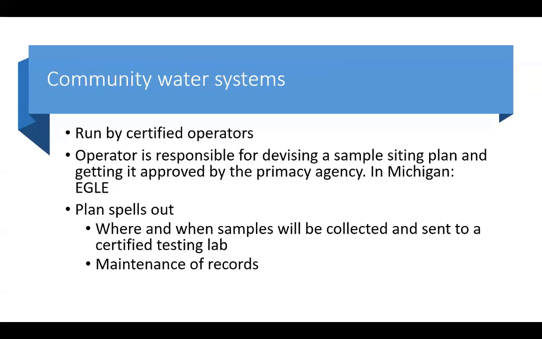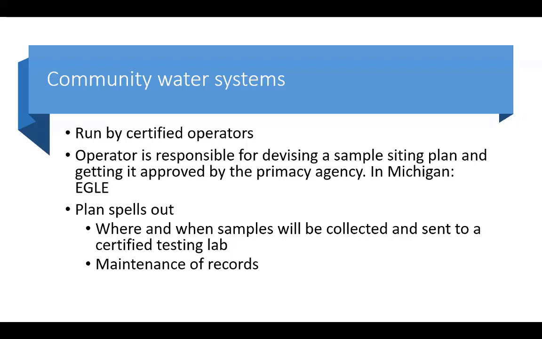Community water systems are run by a certified operator. You can't walk in and decide you're going to run a system. The operator has to be trained, has to have experience, pass a number of tests, and then would be allowed to run a facility.